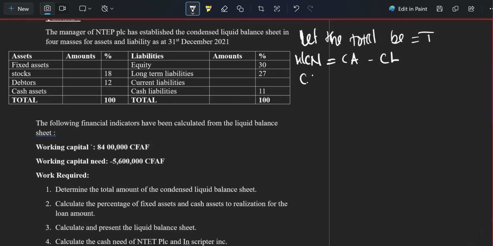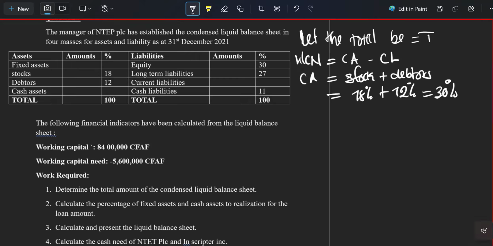Current assets will be equal to stock plus debtors, which gives us 18% plus 12%, that is 30%.